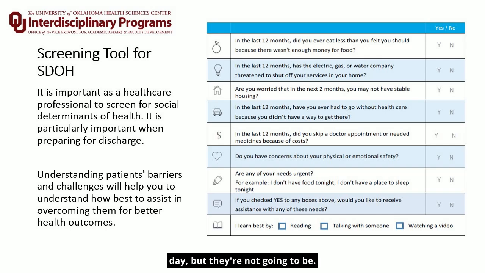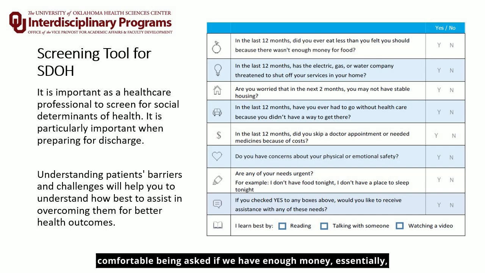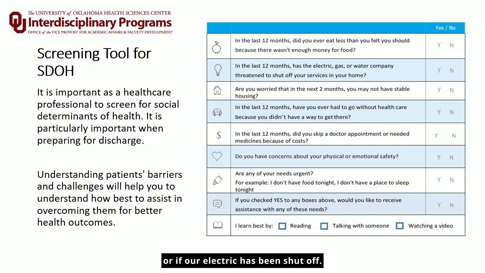Most of us are not going to be necessarily comfortable being asked if we have enough money, essentially, or if our electric has been shut off.